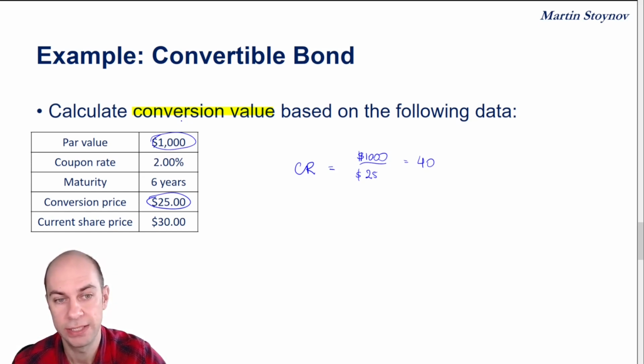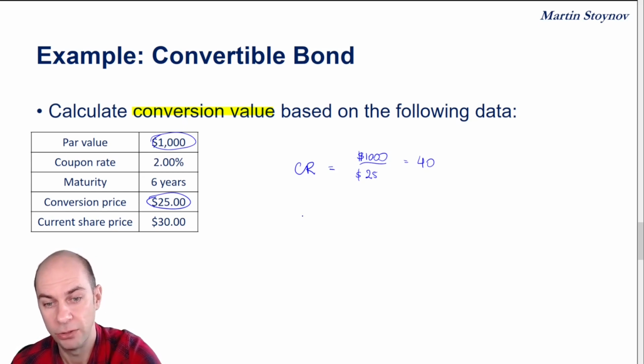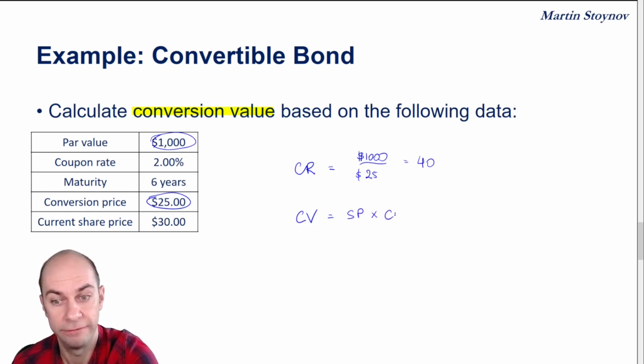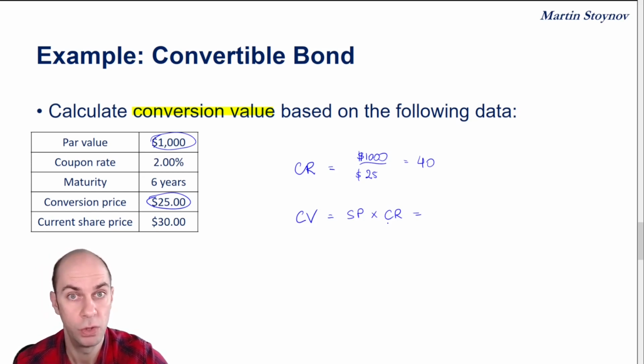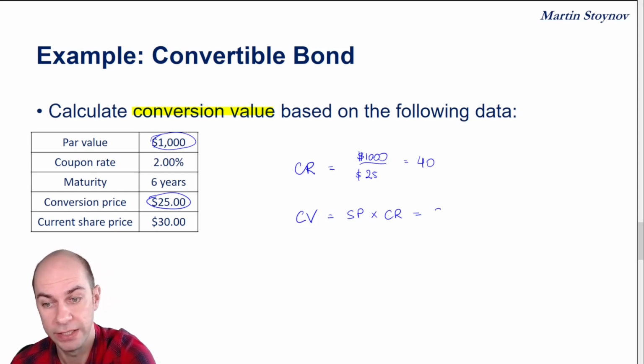But the question is asking me about conversion value, so I need to know the formula for conversion value, which is simply share price multiplied by conversion ratio. So how much is that bond worth in terms of common shares? Well, the current share price is $30, and I will be getting 40 shares.